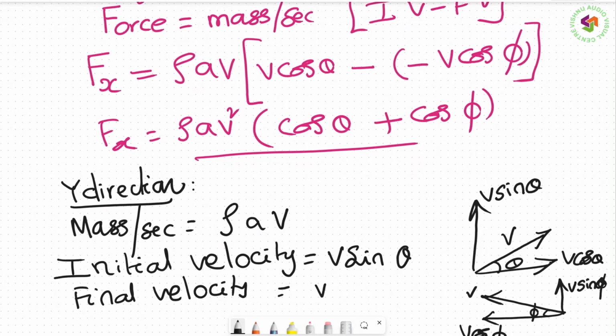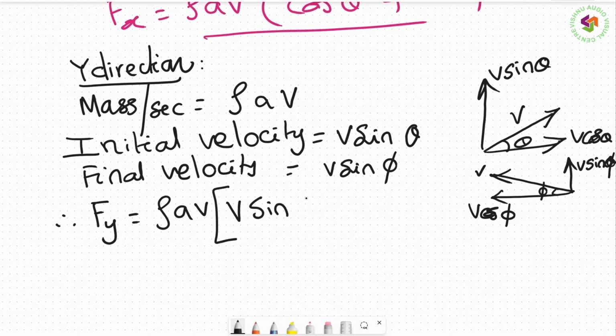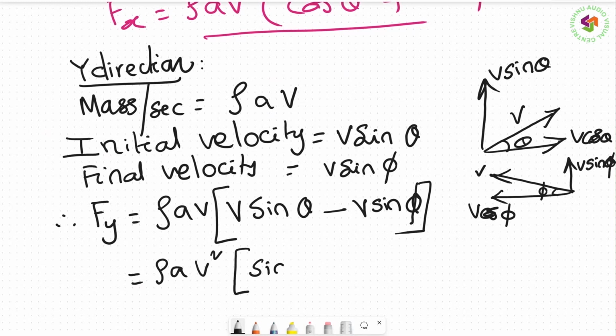Now, therefore, Fy is equal to rho a v into V sin theta minus V sin phi. Therefore, rho a v square into sin theta minus sin phi.